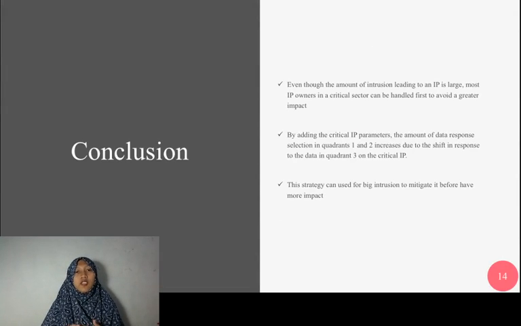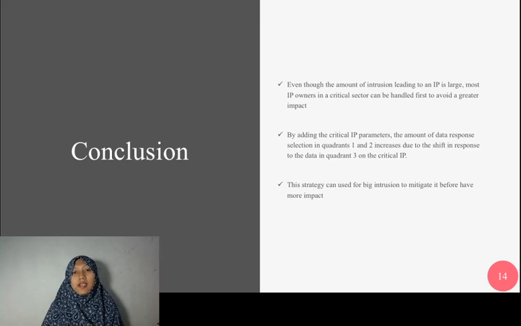The conclusion of our research is, even though the amount of intrusion leading to an IP is so large, the IP owners in the critical sector can be handled first to avoid a greater impact.